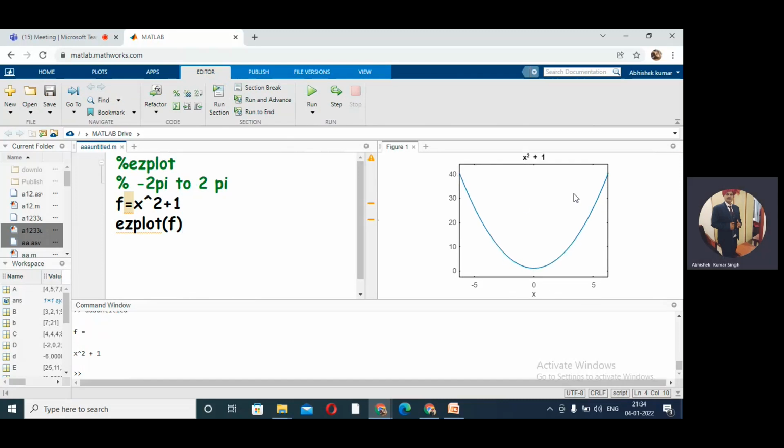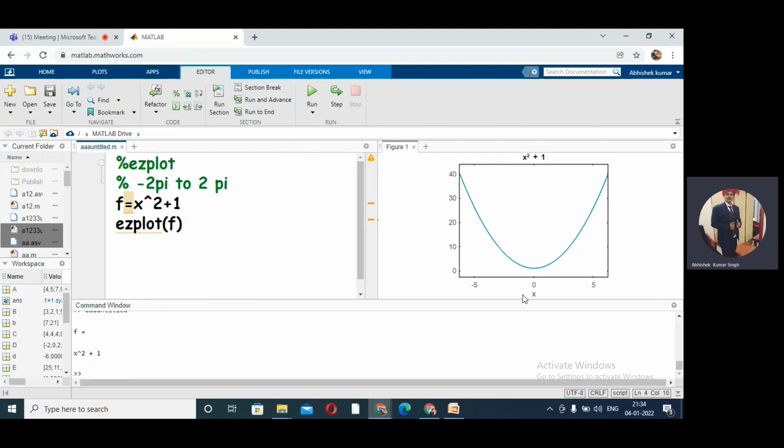So here in EZ plot, we are not putting the title. Do you remember in the plot command we had a title, but here we are not putting the title. So EZ plot automatically gives the title and the labeling also. Your x is given, right? So this is your advantage of EZ plot, and the domain also we are not defining here with linspace and all. By default it is taking the domain from minus 2 pi to 2 pi.